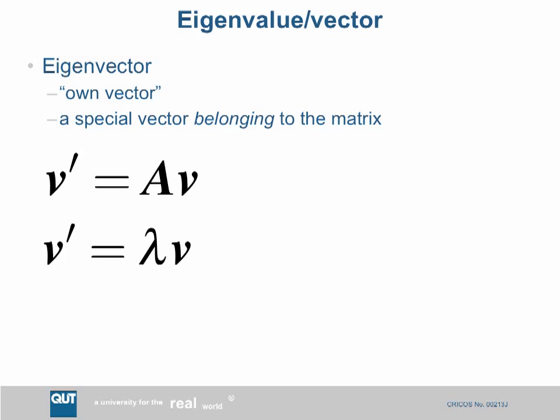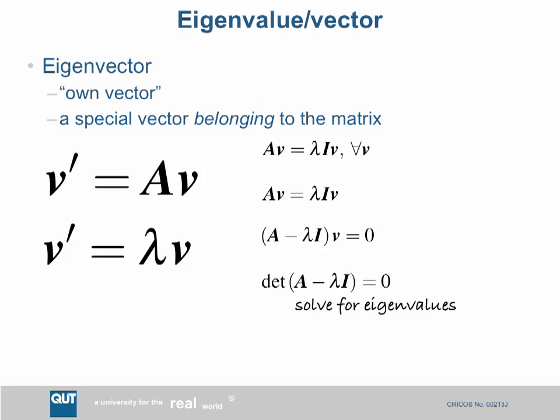If those two things are true, we can crank through some maths, and we end up with this relationship, pretty much like the relationship we had before. If we solve that equation, the solutions for lambda are the eigenvalues. They are the values for which this determinant becomes equal to 0. A is the matrix we started with, I is the identity matrix. You end up with a polynomial, solve it for lambda, they're your eigenvalues.